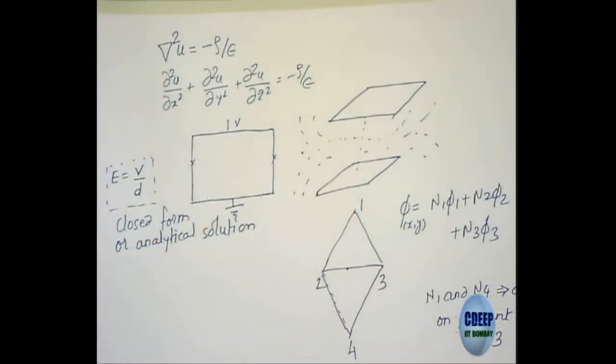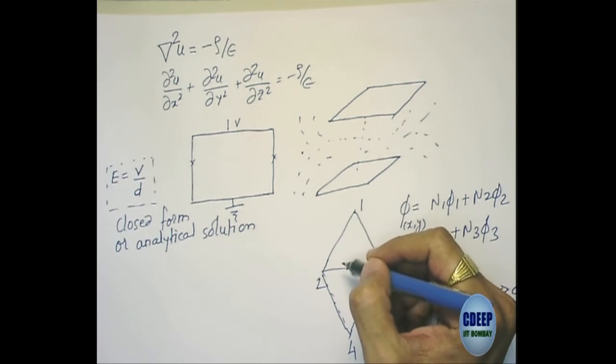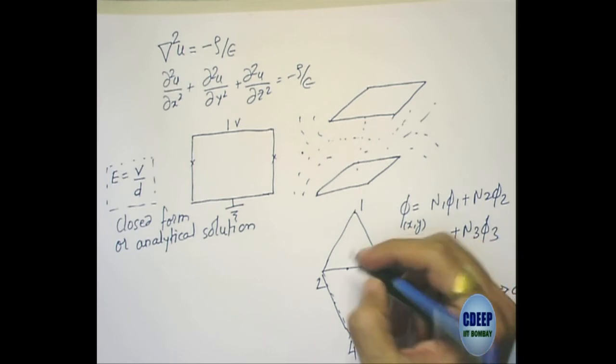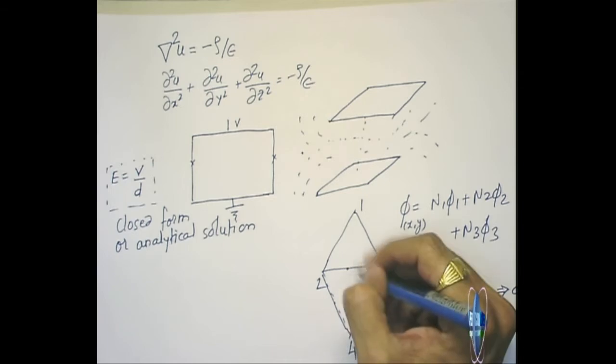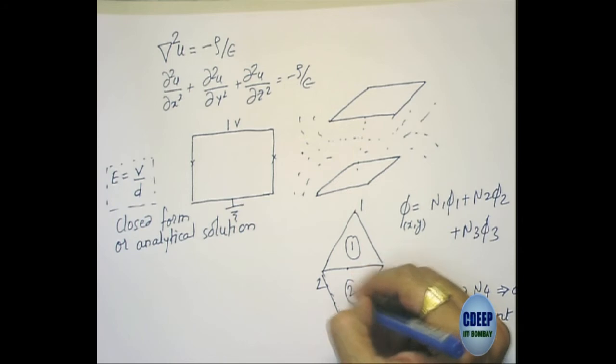This is purely maths, there is no electromagnetics here, but it is a simple logical thing. This is the basic thing in the finite element method as regards shape functions: you are maintaining the continuity of potential when you go from one element to the next, because the potential at any point at the interface is the same whether you calculate it from element 1 or element 2.